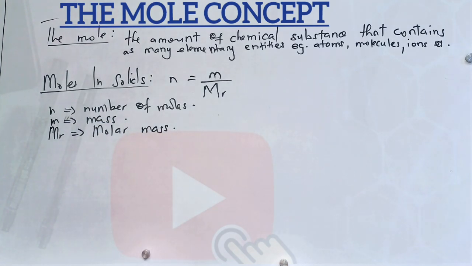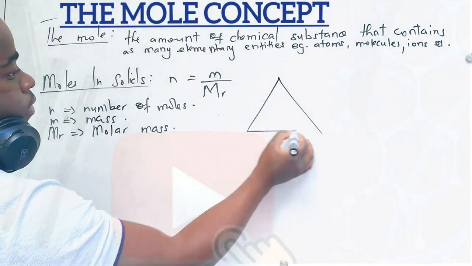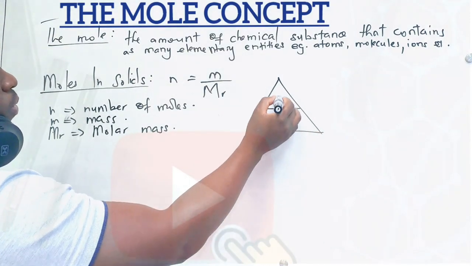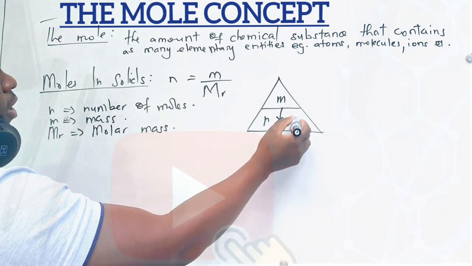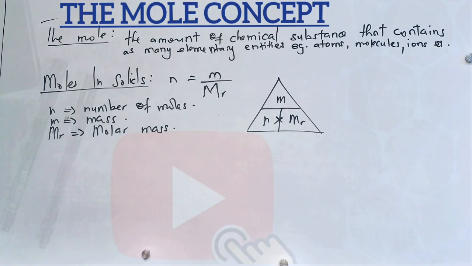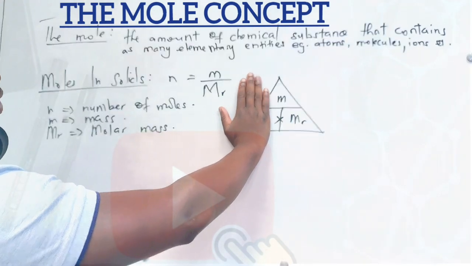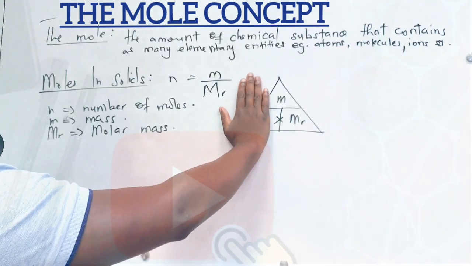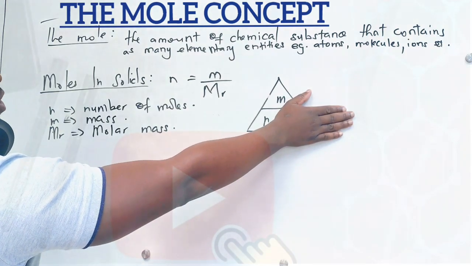To memorize this formula, you can use the triangle, where we have mass on top, and number of moles times Mr at the bottom. If you want to calculate the number of moles, you close n, then your formula is n equals m over Mr. If you want Mr, it's mass over number of moles.